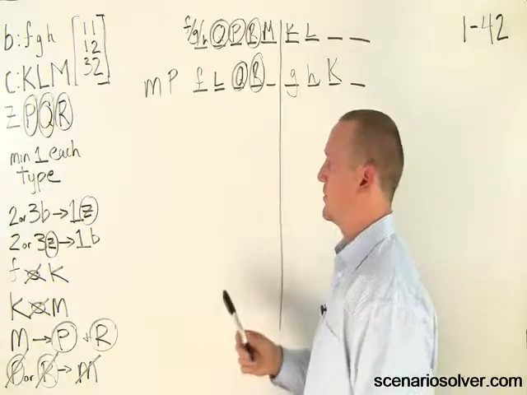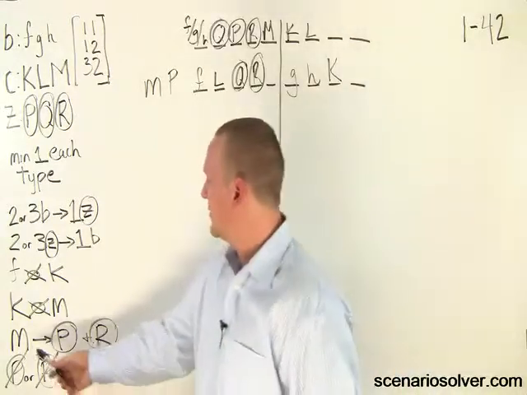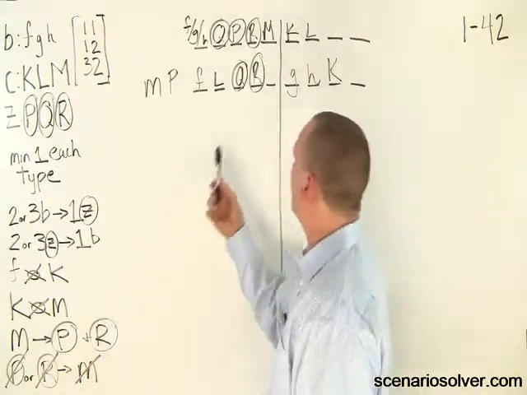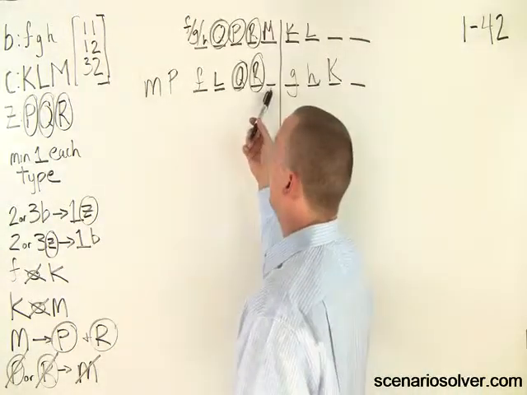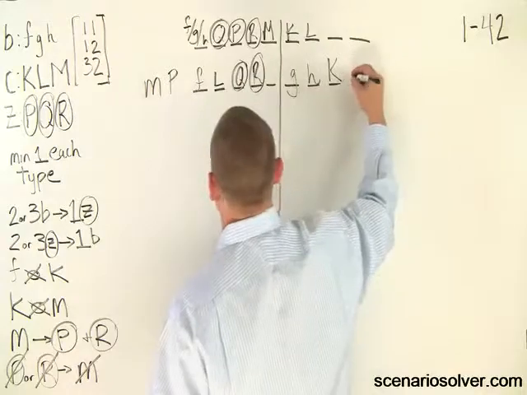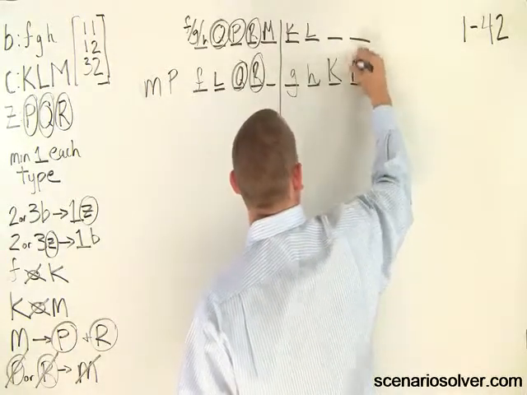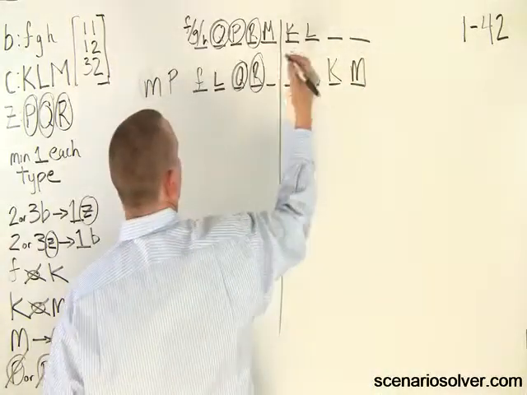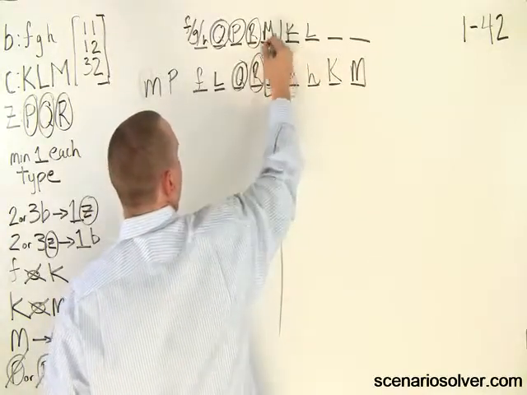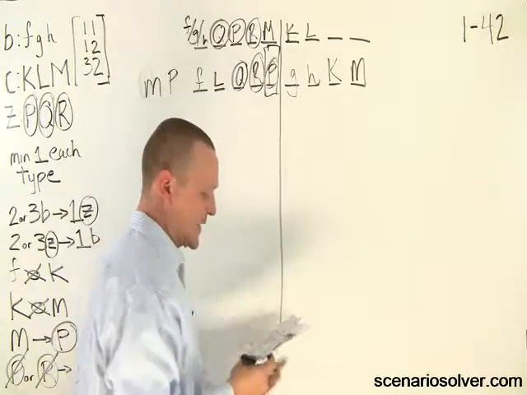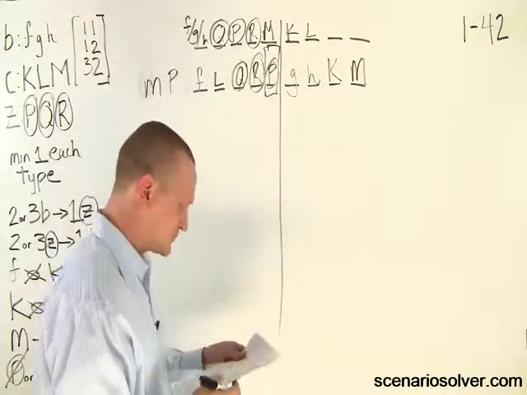If M were to go, okay, we have a rule with M. If M were to occur, then we'd need both P and R, but there's only 1 spot left. So M cannot be there because P would be required to be there, so M is going to fall out. Okay, and then we've got P. So this is the variable that actually must occur, and thus the answer to the question is E.